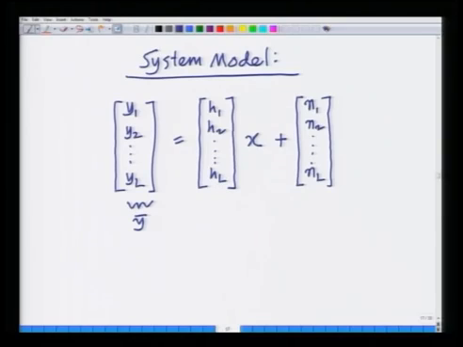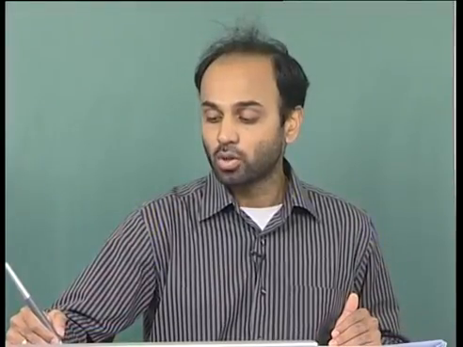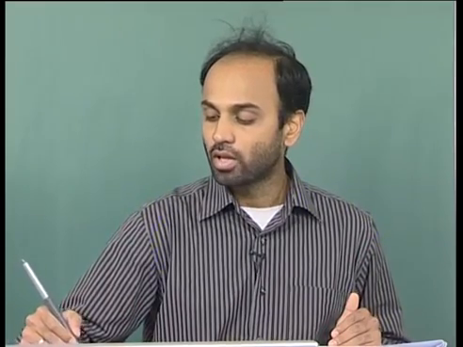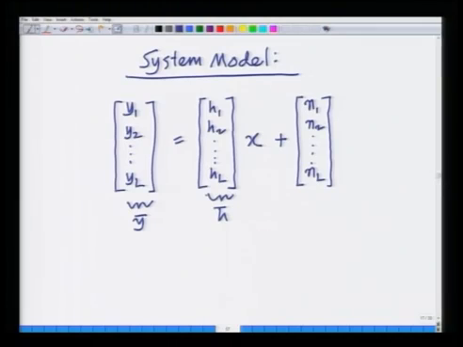So, y bar, which is an L dimensional vector, comprises elements y1, y2, yL, which are the signals received at receive antenna 1, receive antenna 2, receive antenna L. h bar is the vector channel containing coefficients h1, h2, hL, which are nothing but the fading coefficients. h1 is between the transmit antenna and receive antenna 1, h2 is between the transmit antenna and receive antenna 2, so on so forth. hL is between the transmit antenna and receive antenna L, and similarly, this is the noise vector n bar, which is a vector of the noise elements at receive antenna 1 through receive antenna L.